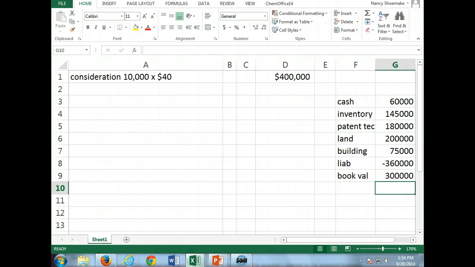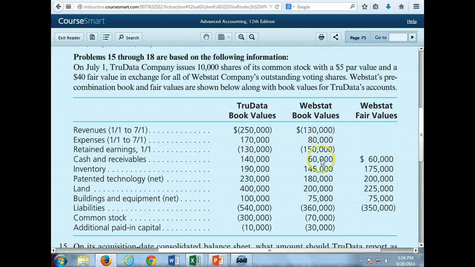Let's look at the fair value though, guys. Our cash is the same. Our inventory is up 30,000, right? The patented technology is up 20. That makes a 50,000 increase in fair value. The land is up 25, so that makes 75 increase in fair value.